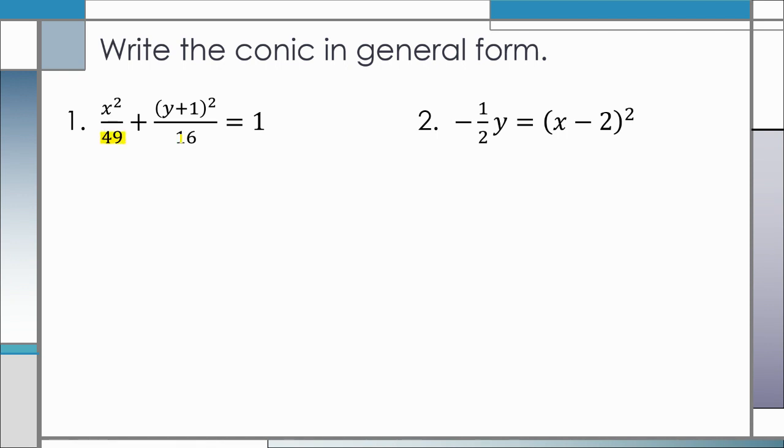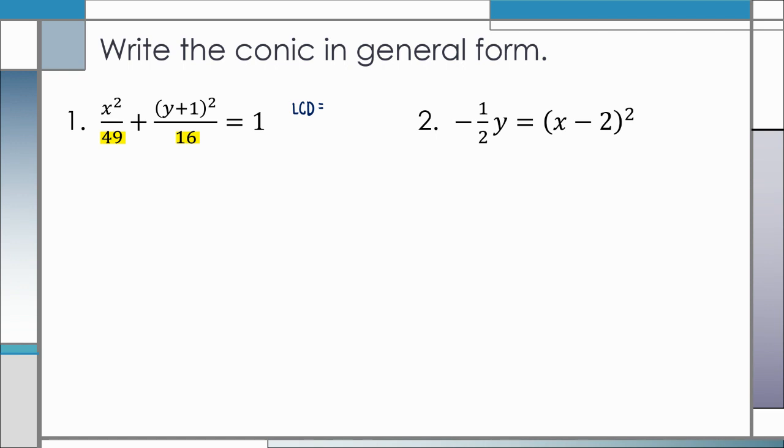Notice how there are denominators here, and I want to get rid of those fractions. So between 49 and 16, if you can't recognize that they have a number in common, remember, in order to get rid of your denominator, you have to multiply at least by the bigger denominator. So 49 is bigger than 16.